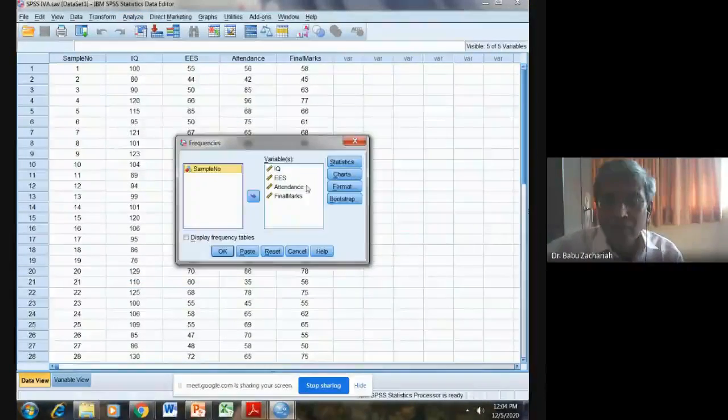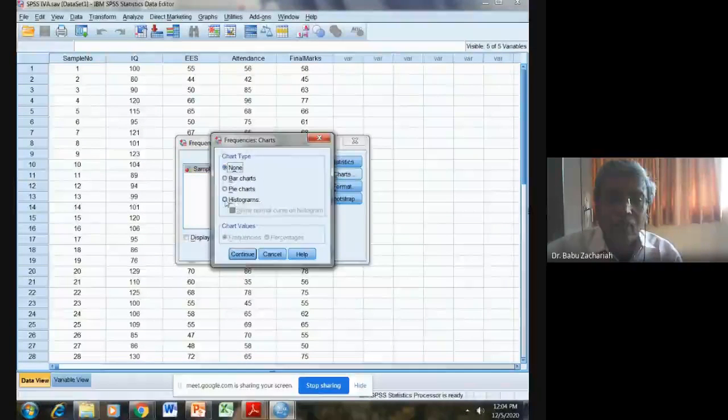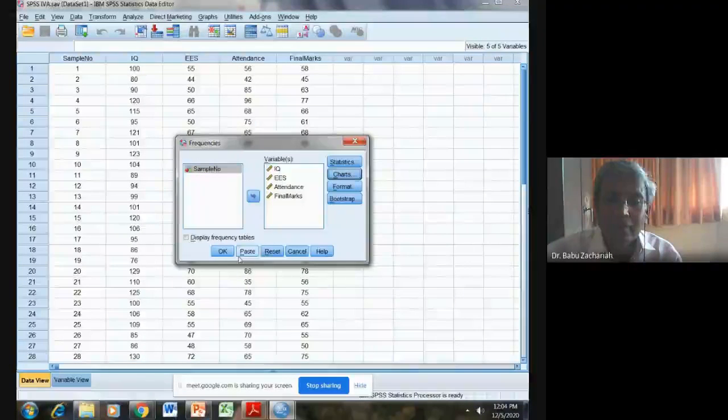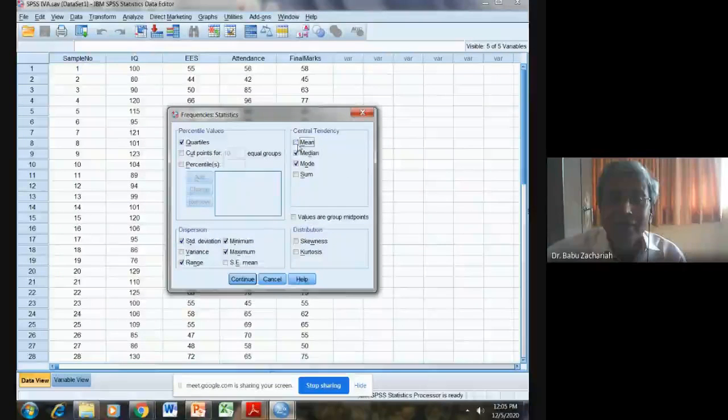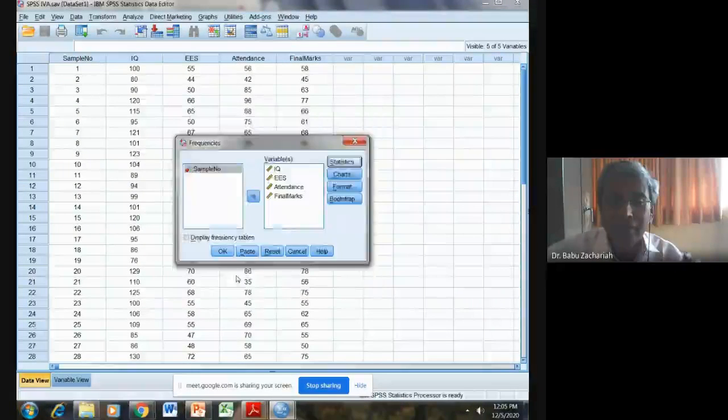There also a histogram is available in the charts. You can opt for histogram. The statistics we selected earlier all remain, and should be removed each time. After removing them, we can come back. The histogram is selected, so click OK.